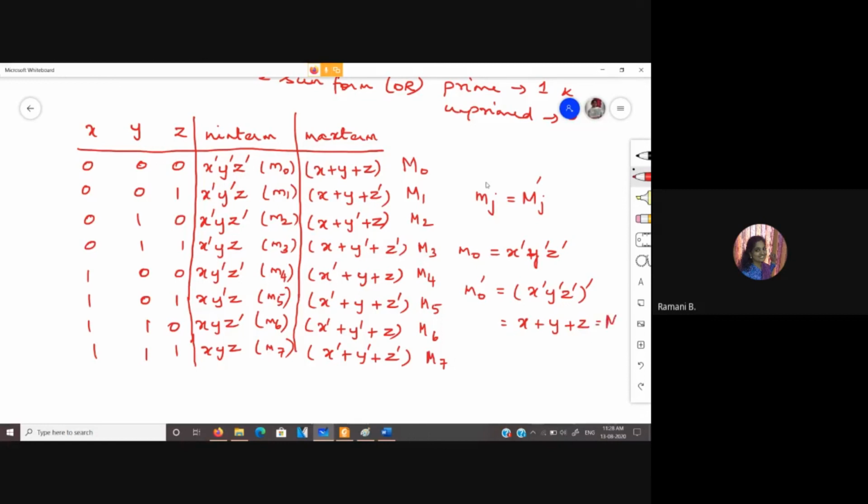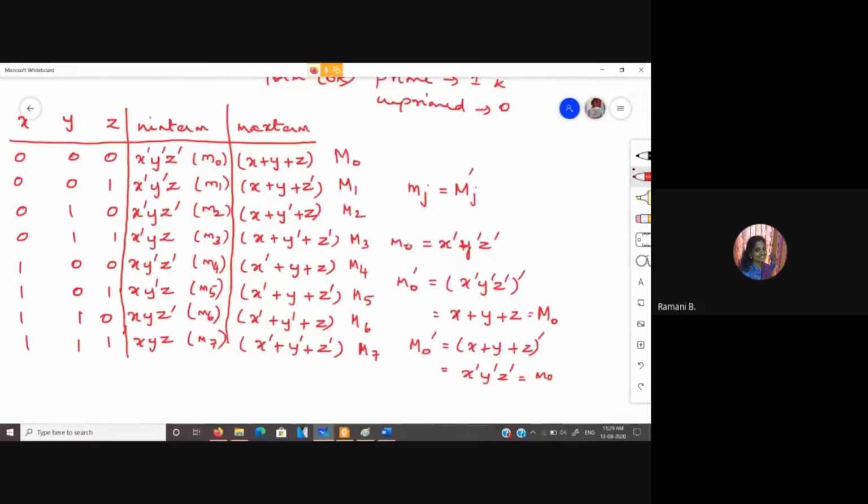This gives me M0. Vice versa also holds good. M0 bar is x plus y plus z, the whole bar, which is nothing but x bar, y bar, z bar, which is my m0. So this is about the max terms and min terms.